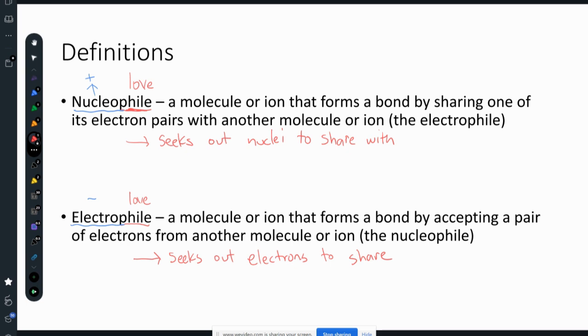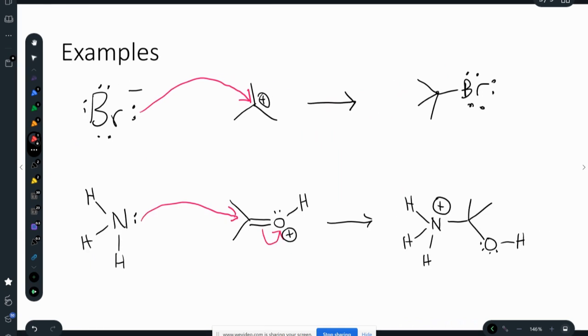We good with the definitions? All right. So here's a couple examples of reactions.